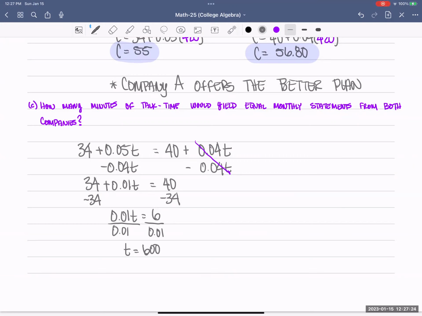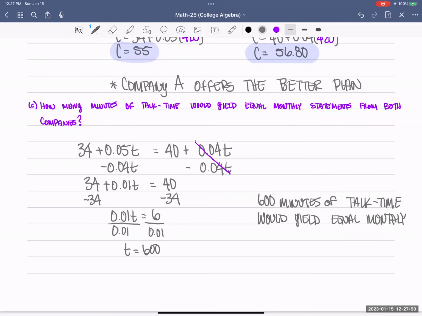So 600 minutes of talk time would yield equal monthly payments, or statements, from both companies.